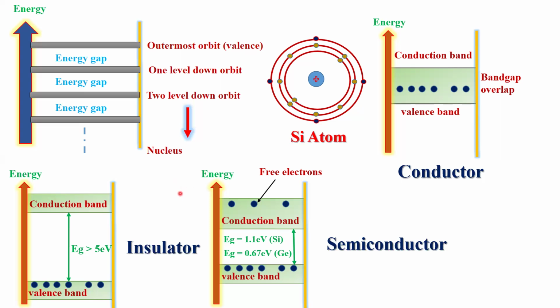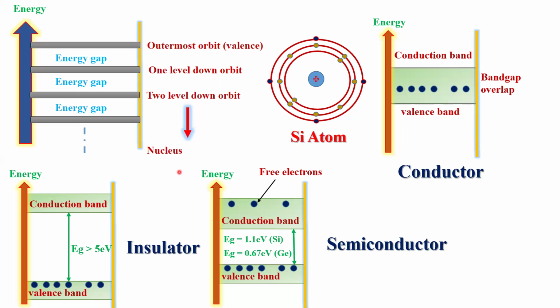However, if you increase the temperature from, let's say, 0 Kelvin to 300 Kelvin, or in other words, from minus 273 to 25 degree centigrade, then a large number of valence electrons acquire sufficient energy and they leave this valence band, they cross this energy gap, and then they enter into the conduction band.